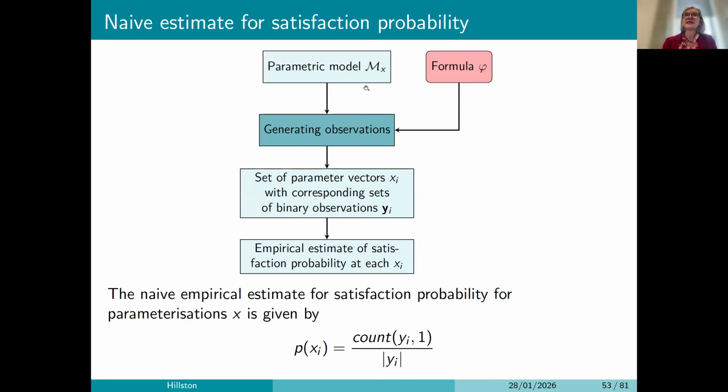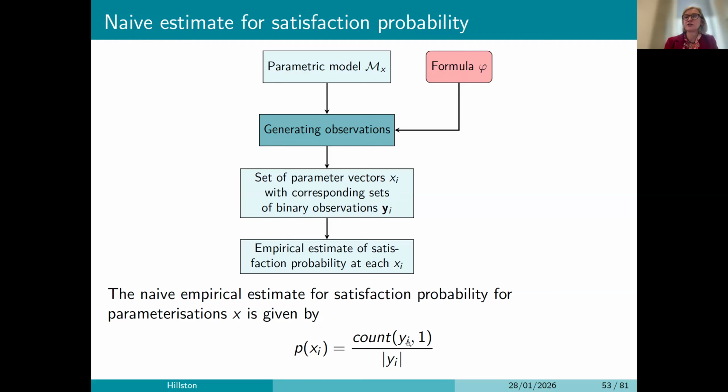If we're looking at it in the parametric case, then the naive approach would be that we just generate lots of vectors of the different values that x can take. We get a set of observations for each one of those values, and then we estimate the satisfaction probability at each point. The naive way of doing that would be that for a particular value xi, we generate a whole set of yi, and then we just use a frequentist approach.